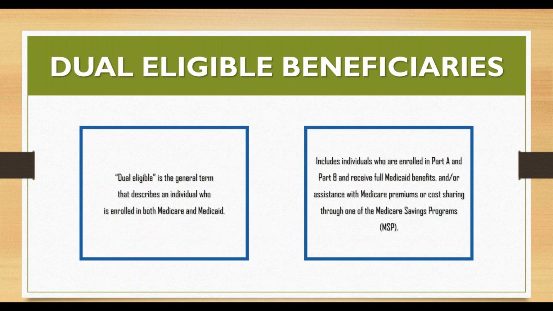So, dual eligible. This describes the various categories of individuals who collectively are known as the dual eligibles. Medicare has two basic coverages. Part A, which pays for hospitalization costs, and Part B, which pays for physician services, lab, x-rays, durable medical equipment, outpatient, and other services.